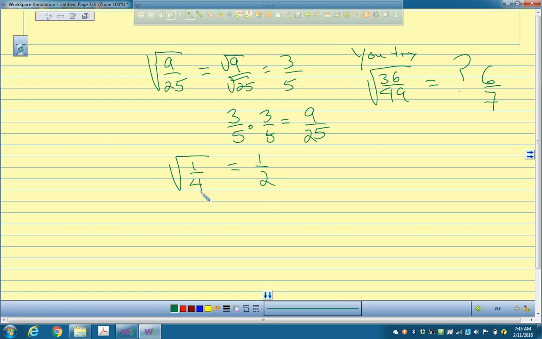How about this? I bet it's not going to be super easy. What's the square root of 0.04?